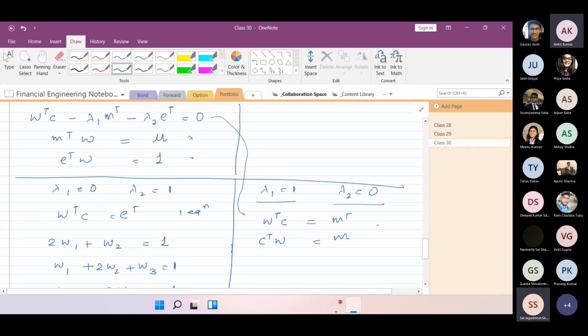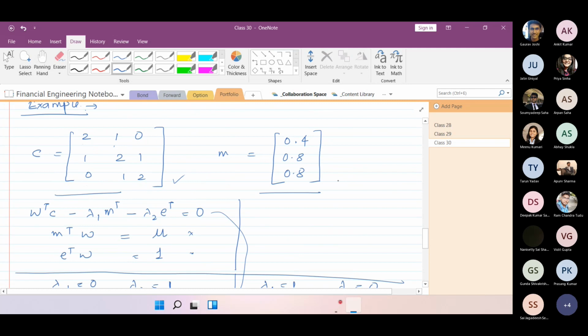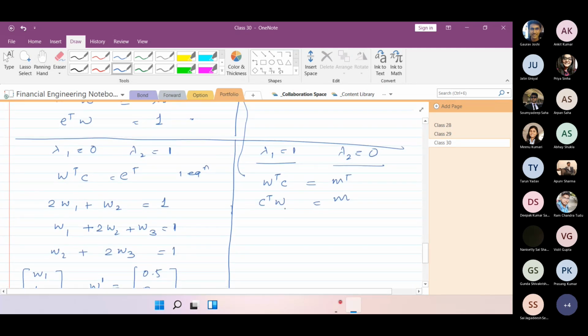Yes, sir. So I know the C vector and the M vector, and the weights W1, W2, W3 are the variables. So the equations I need to solve are 2W1 plus W2 is equal to 0.4. It is the same as before, but instead of E, now it is M on the right hand side.